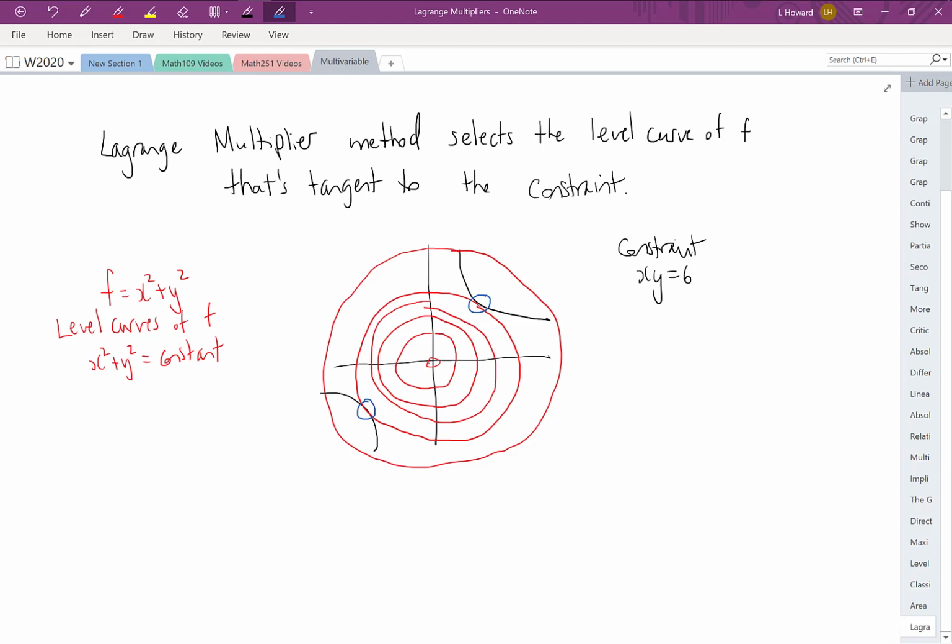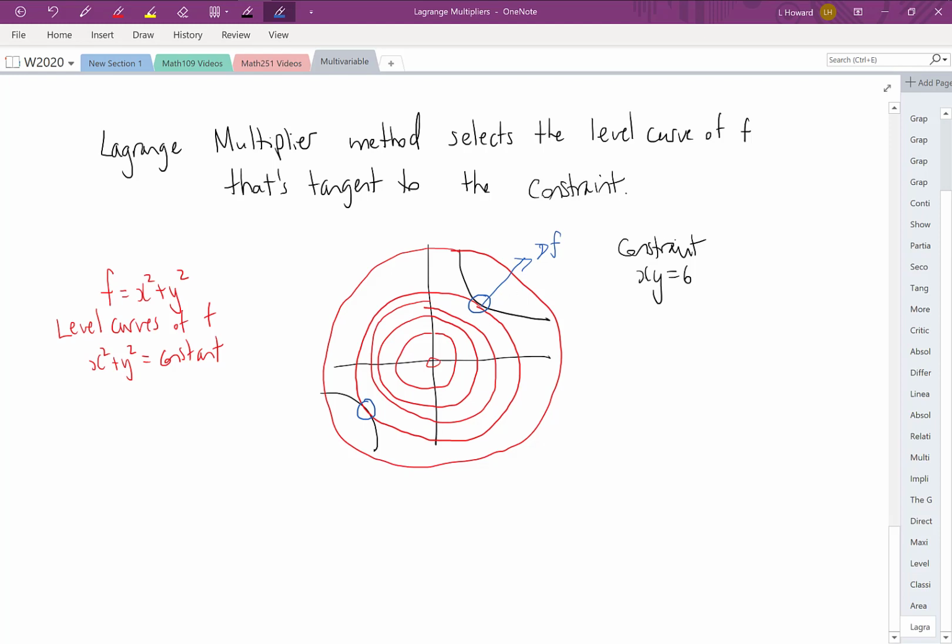Now let's connect that back to the formula. You may remember from one of our previous videos that the gradient of a function is perpendicular to a level curve. So if we talk about these level curves of f, we know that the gradient of f is perpendicular to the level curve of f.